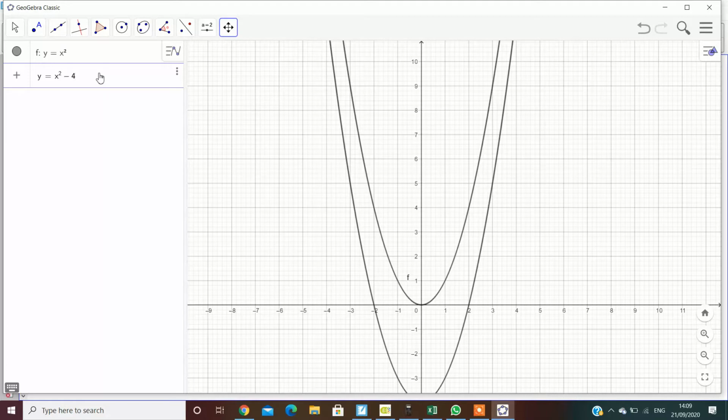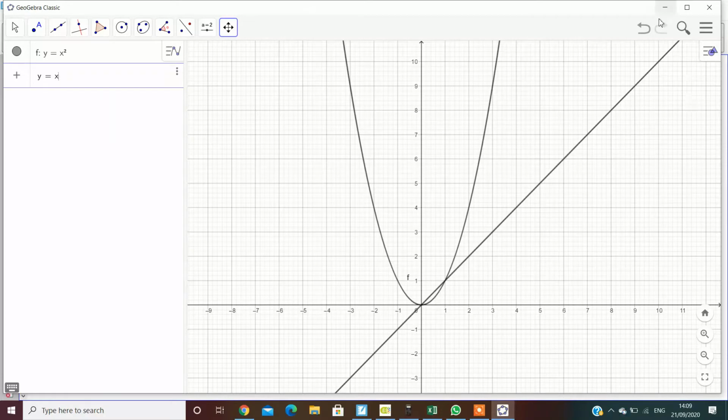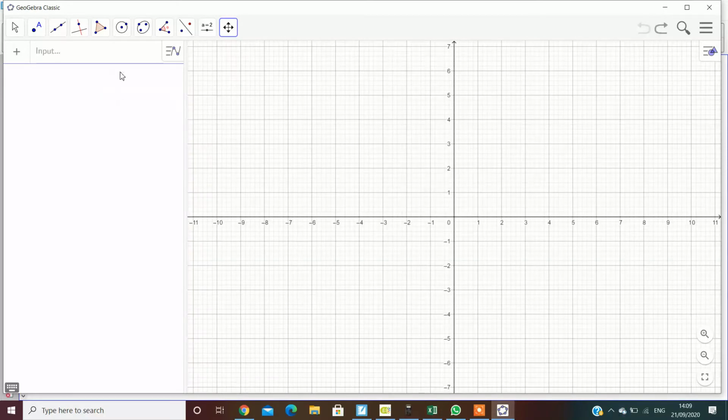Is that all right? Now, for argument's sake, let's do a really bog standard one: x squared plus 3x. Everybody happy that's x squared plus 3x?